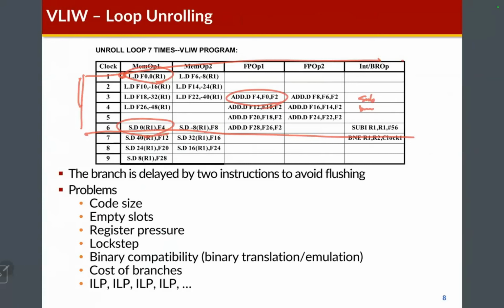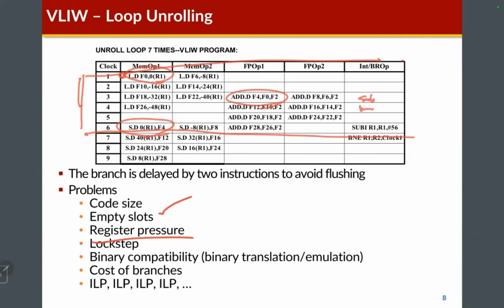But this is a VLIW, so the compilers need to generate more instructions and assign instructions to each slot, which means that the code size is increased. If the code size increases, then our code will occupy more memory. Another problem is that if we cannot find some instructions, there can be many empty slots. You cannot fill every slot in the VLIW.